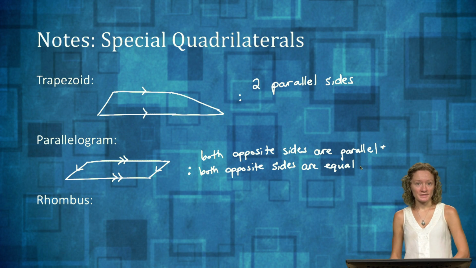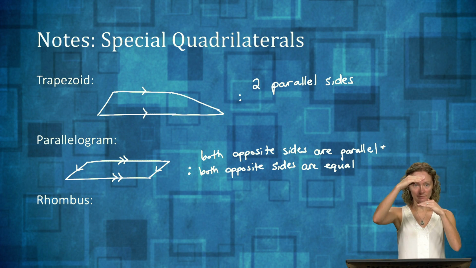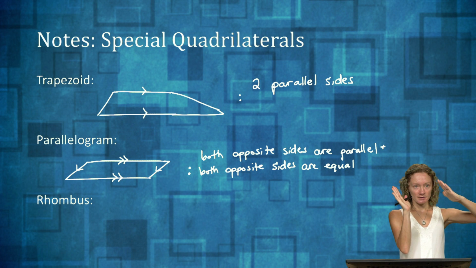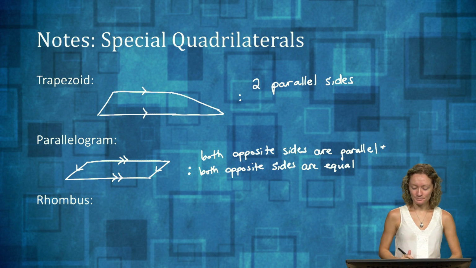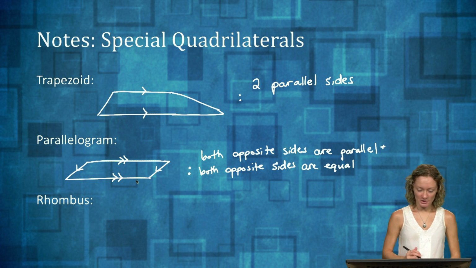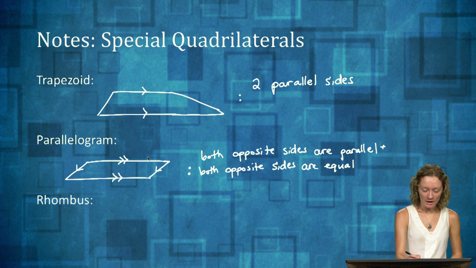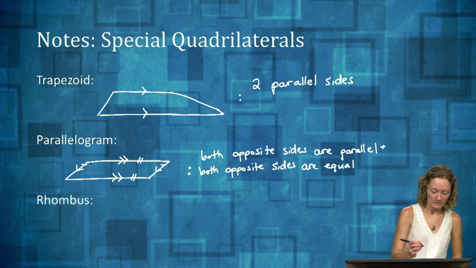I'd say the bigger one is that they're parallel. Parallelogram: top and bottom parallel, left and right parallel. And then just by default, since they're parallel, it's going to make each of the side lengths equal to each other. Top and bottom, left and right. I'll use the arrows for parallel, and then we use tick marks to indicate equality.